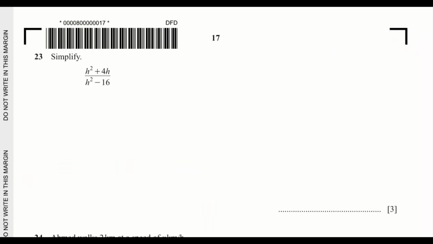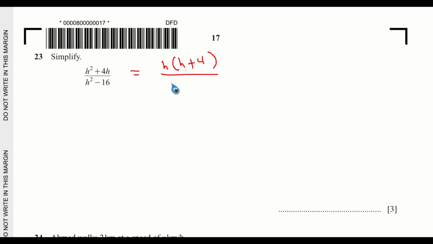Let's go to the next question, question 23. We are asked to simplify this. You can factor out h, so the numerator is h into h plus 4.